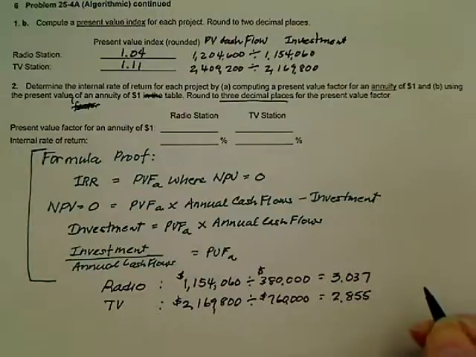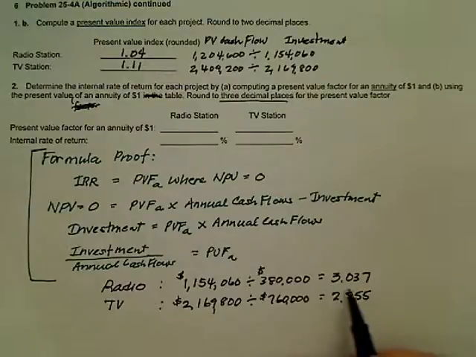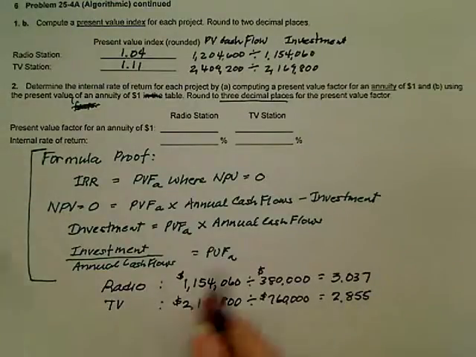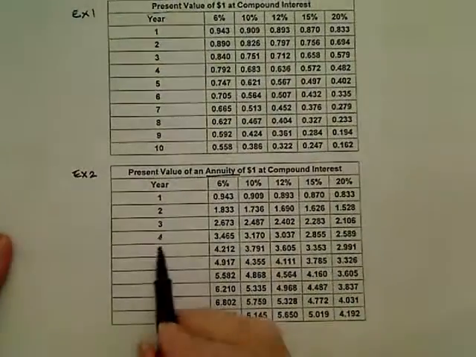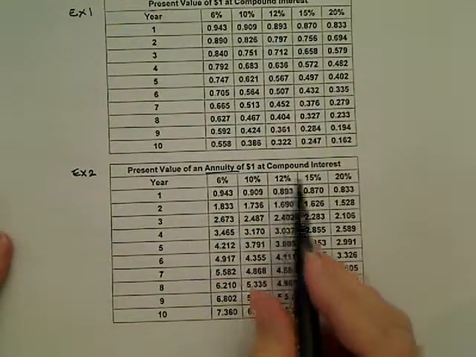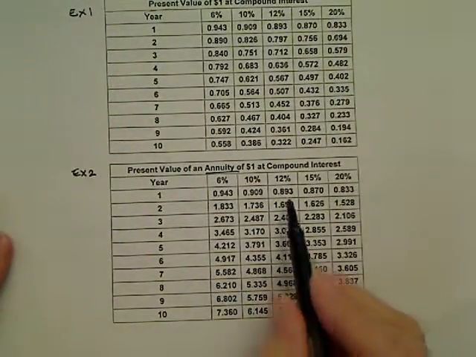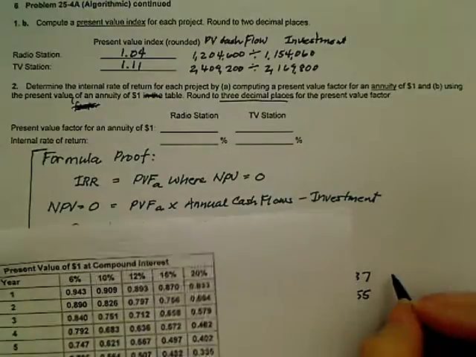Now we pull out our table and we're looking for 3.037 first on the 4-year line. So we're looking up the 4-year line. 3.037 is 12%.